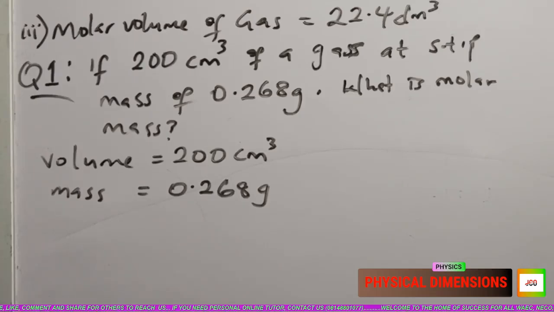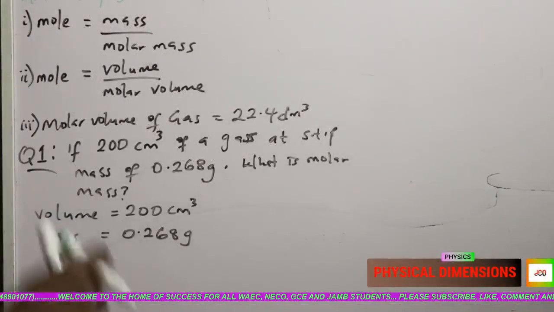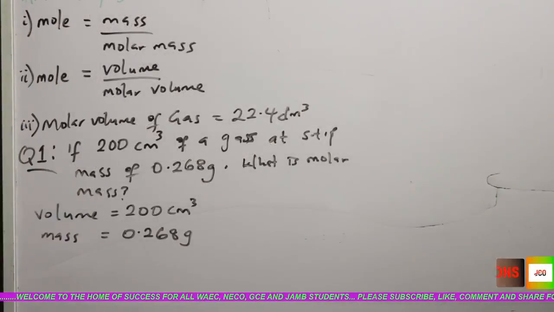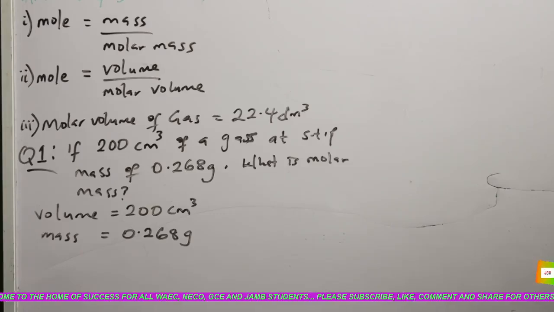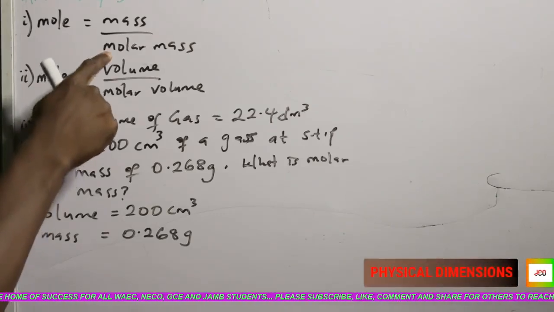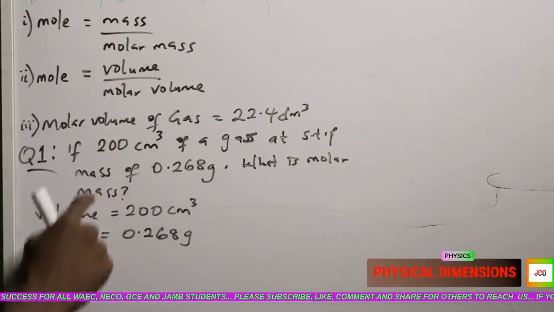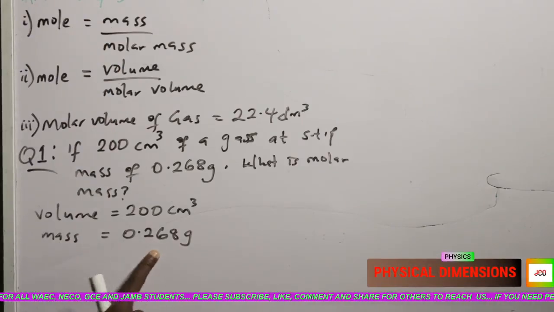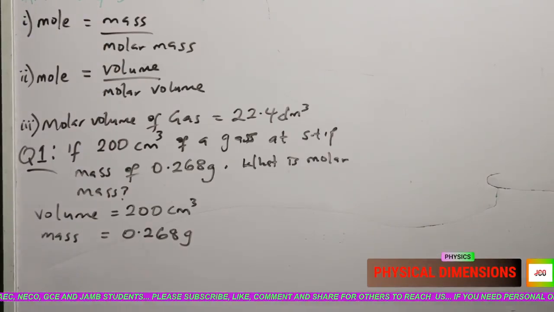If you look closely at our formula there, the only formula that has molar mass is the first one. So if I must solve for molar mass, I need to know my mole and my mass. Unfortunately, I only have my mass. I don't have my mole, but I can find my mole.